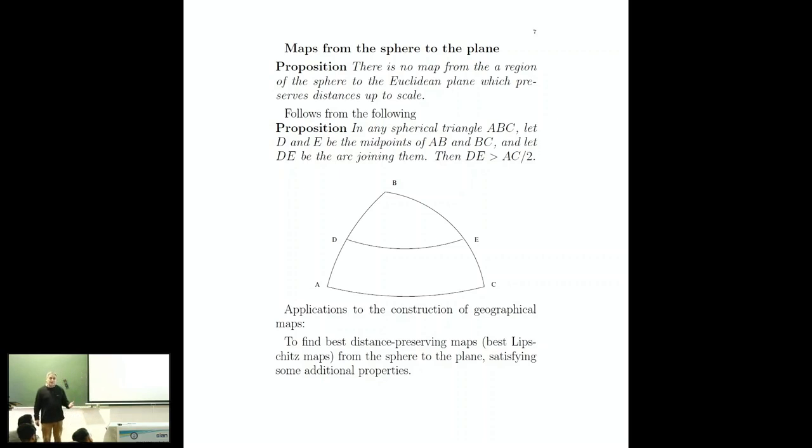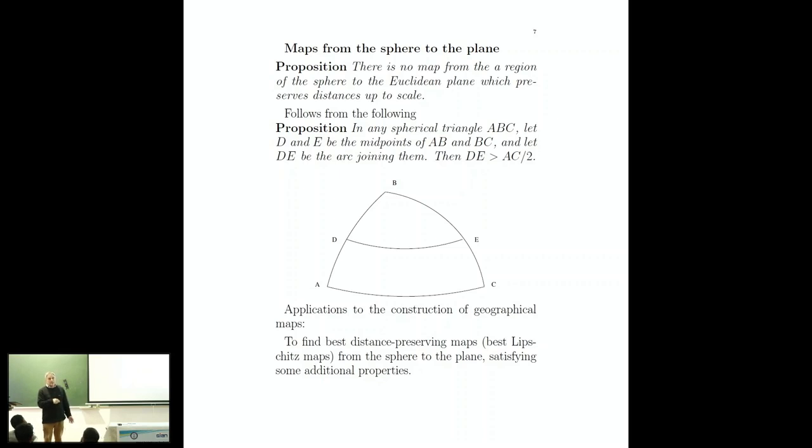It means, in fact, that you cannot construct a geographic map where the scale is the same everywhere, right? Suppose I want to make a map of India, then I take a triangle, the shortest lines between Bombay, Delhi, and Calcutta.